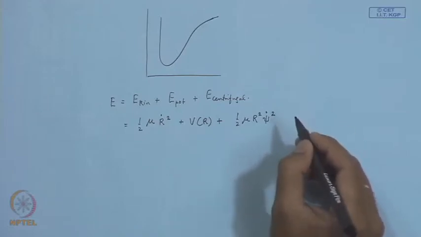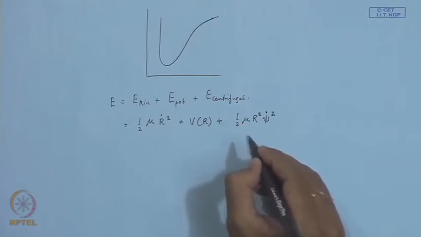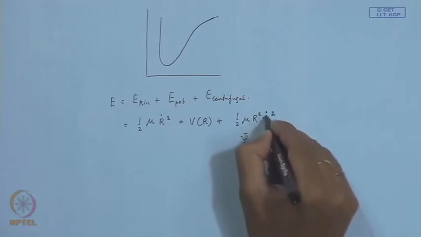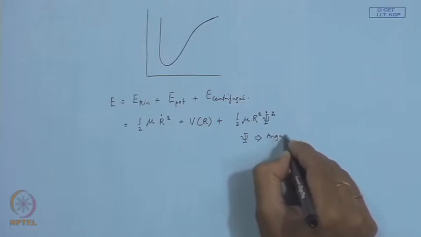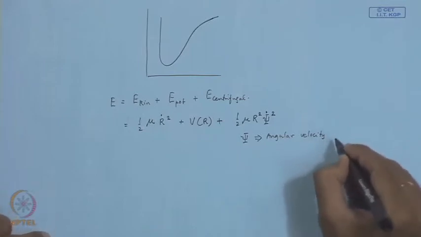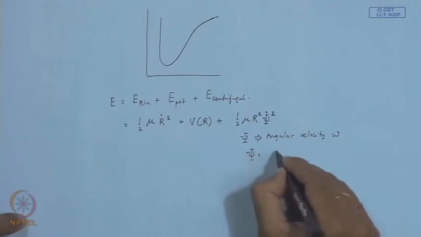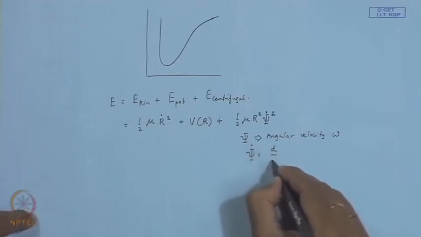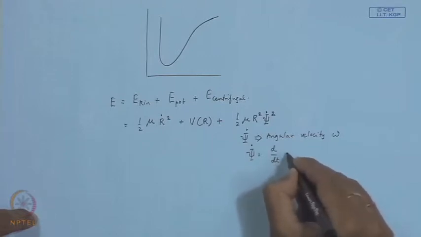Now, psi dot is the angular velocity omega, d by dt of psi.